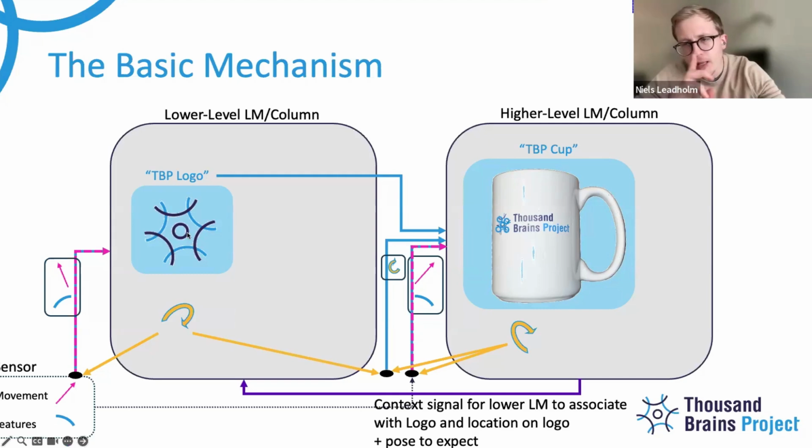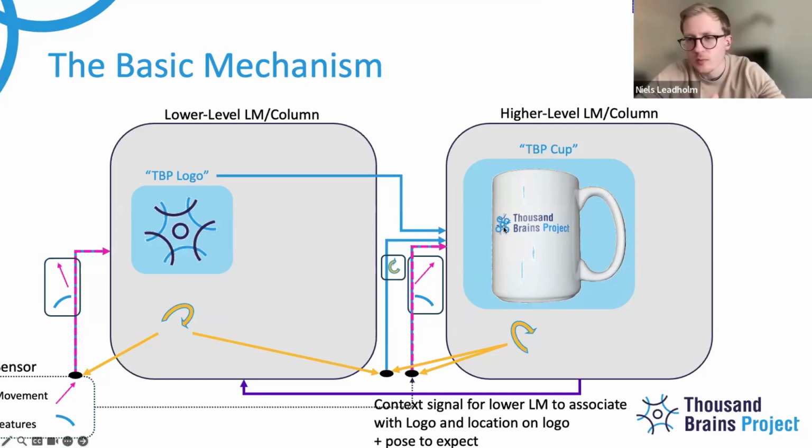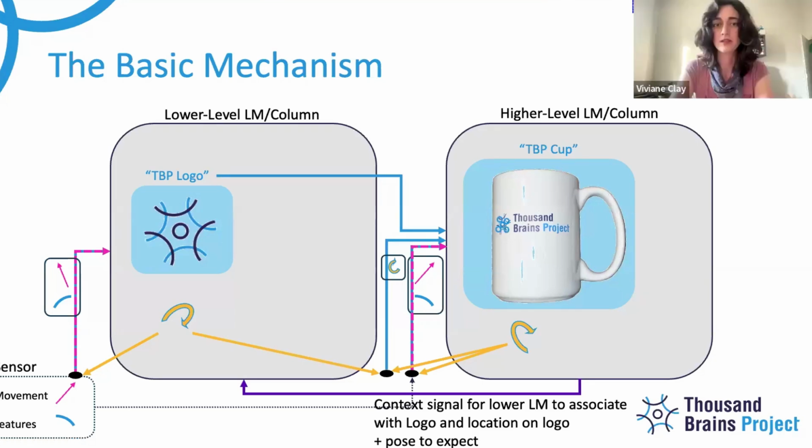But that would normally happen multiple times. So there wouldn't be just a single association, but when an association is formed, it's between one location in each reference frame. Same as the logo exists at multiple locations on the cup, each of those locations on the cup can also have a backward connection and bias different locations on the logo.